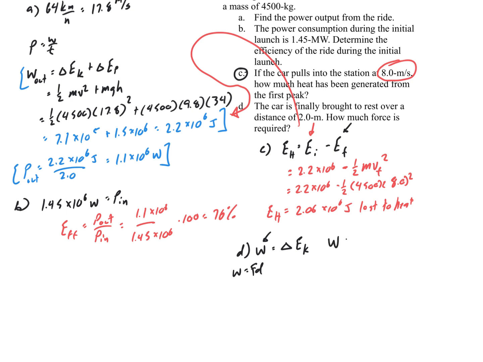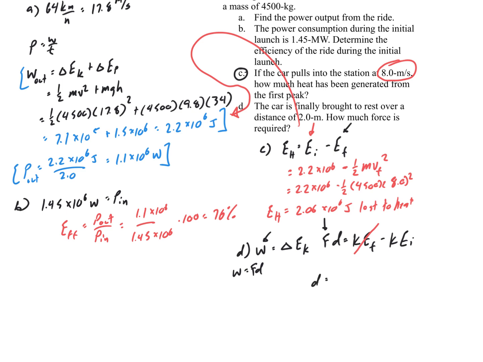So work is going to be the final kinetic energy minus the initial kinetic energy. And I guess I could have changed this here to say force times distance, looking for the force value here. I know the thing comes to a stop, so there's no final kinetic energy.